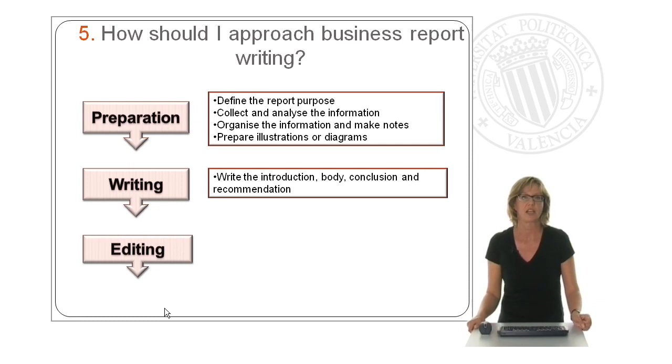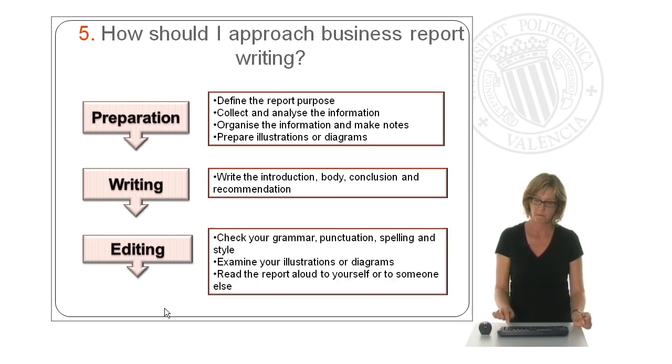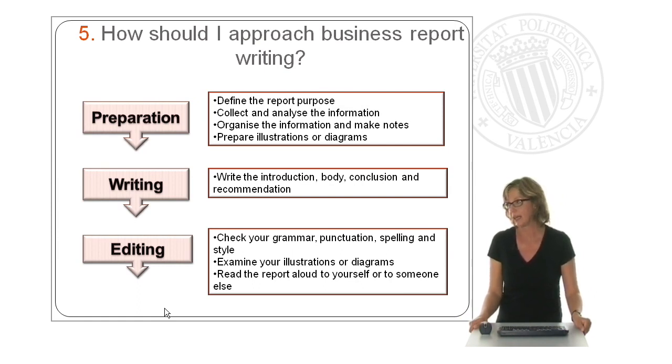In the writing stage, you have to write the text of the report. You should start with the introduction, then write the body of the report, the conclusions and the recommendations. And in the editing stage, you should check all the different formal aspects of your report: grammar, punctuation, spelling, and style.